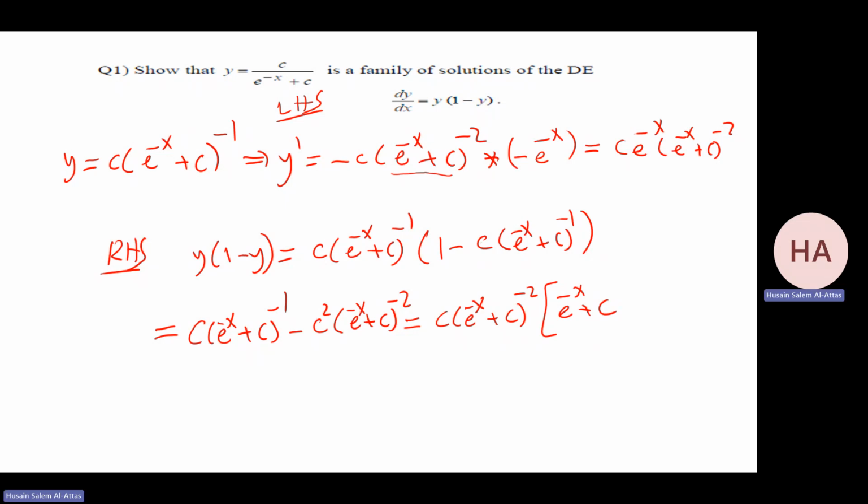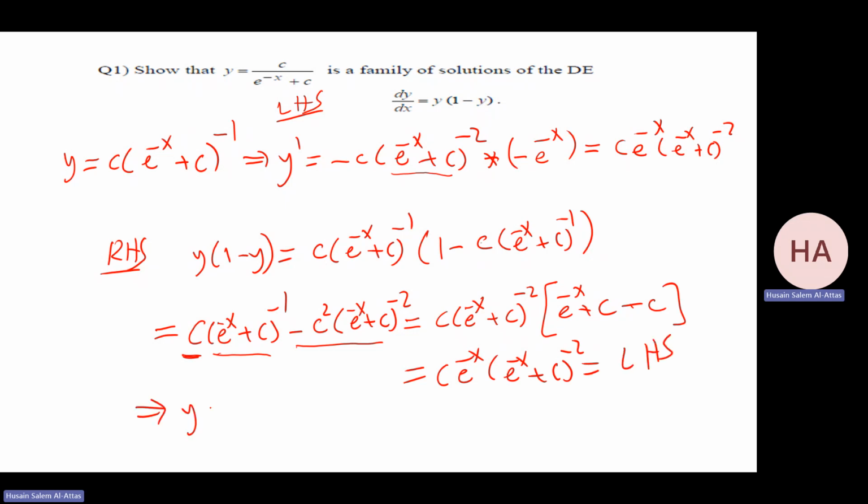Okay, so I have c. Yeah. Wait a minute. I'm taking c as a common factor. So I have c e to the power minus x plus c to the minus 2. What's the remaining? If I took this, I have this, which is okay. Now for this one, I have minus c. Yes. And that gives me c e to the power minus x plus c to the minus 2, which is the left-hand side. So y is the solution? The matter of calculation. Okay. You need to be careful with the calculation.